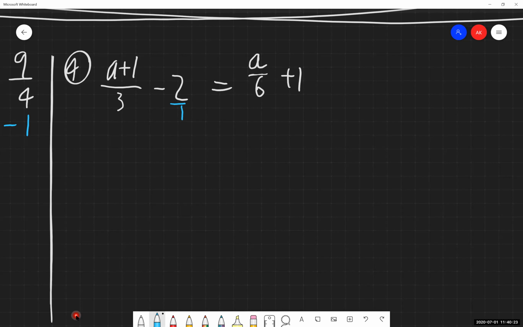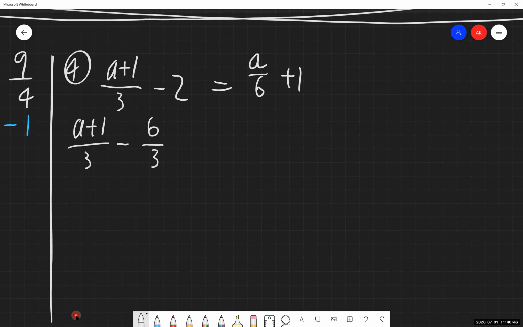So the lowest common denominator on the left-hand side of the equation between 3 and 1 is going to be 3. So I need to rewrite that minus 2 to have a denominator of 3 and be an equivalent fraction. I'm just going to make it a 6 over 3.